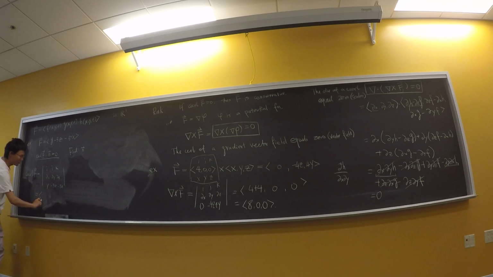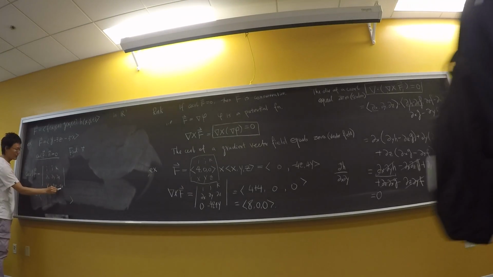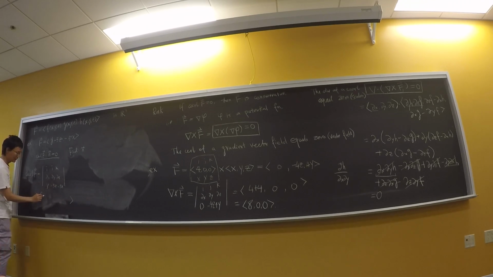So the i component is partial y hitting on minus 5x. This is just taking a derivative with respect to y, so you don't have anything. 0. It's 0 minus partial z hitting on minus 3z, negative 3. Minus negative 3. Okay? So that's our i component.